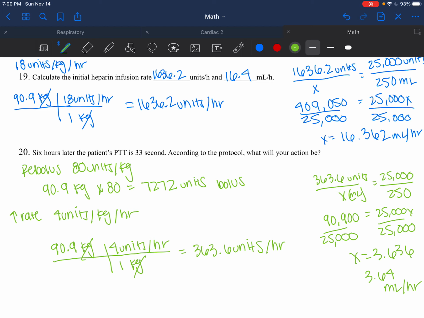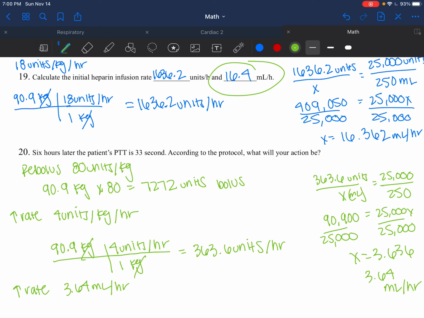So we're going to increase the rate by 3.64 mils per hour. The question might ask how much you'll increase it by, and that would be your answer. But if it asks what your new rate is, you would take this 3.64 and add it to the 16.4 that you already had your rate going at.